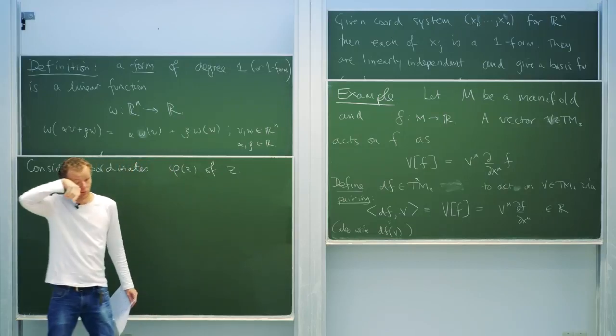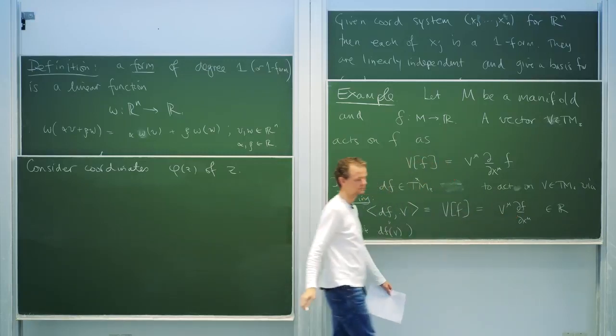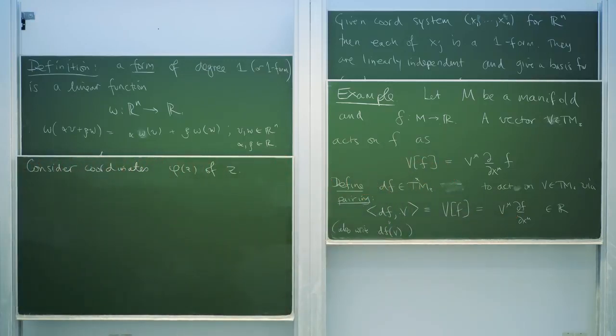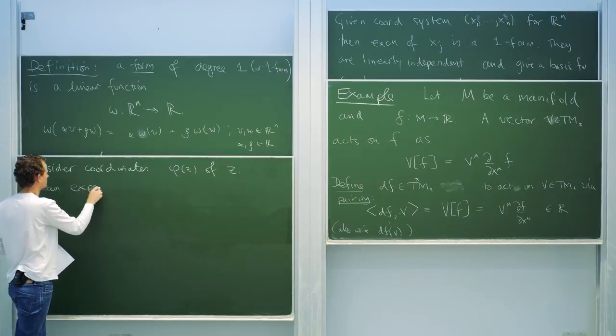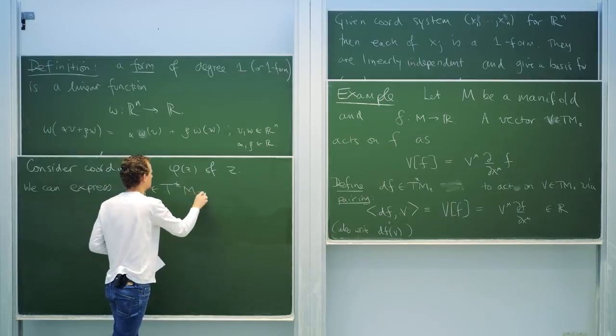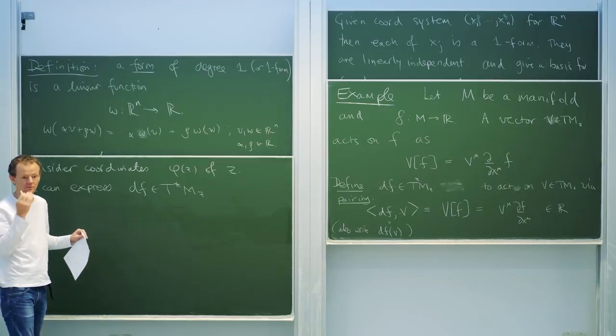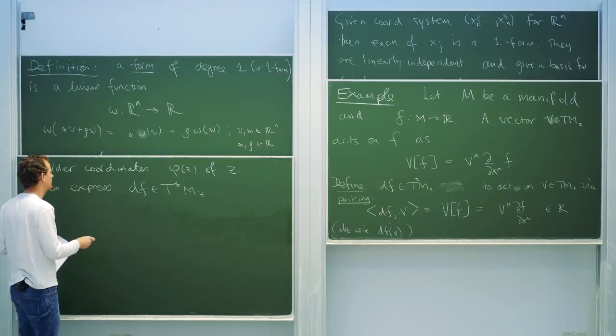We can do all of this in terms of coordinates, right? We're sort of halfway there. So this thing df, which is part of the cotangent space of our manifold at the point z, we can express as a linear combination of basis vectors, basis cotangent vectors.